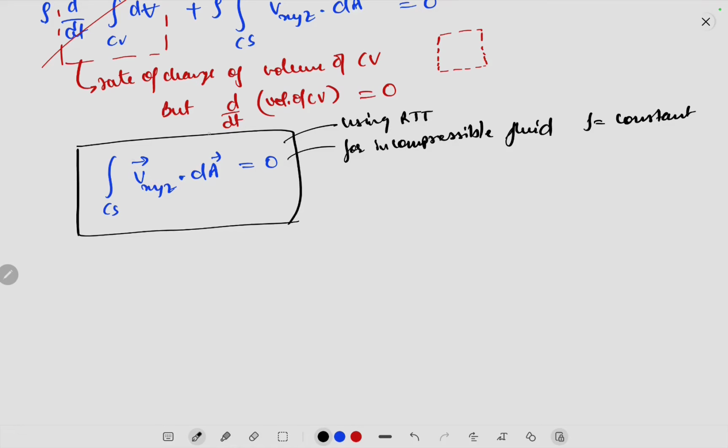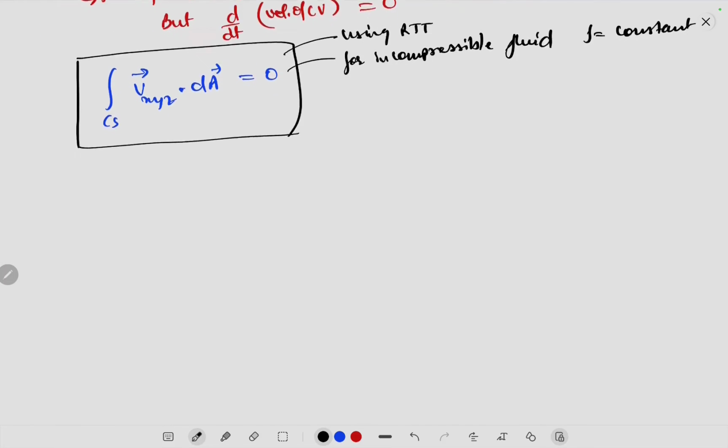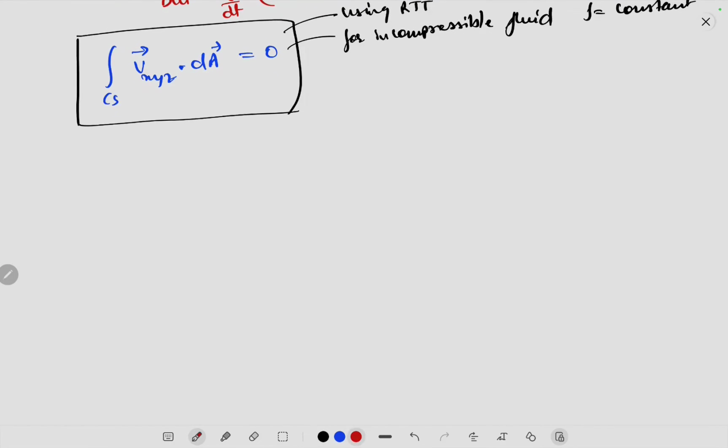To understand the applicability of this equation, let's do a quick problem. So let's consider a pipe in which we have a fluid flow like this.